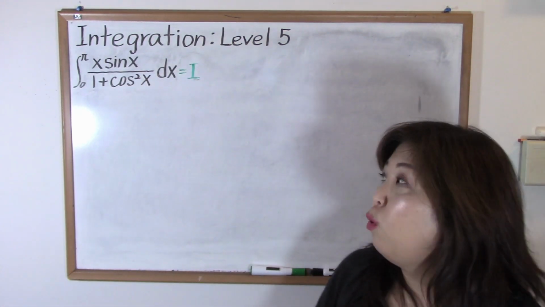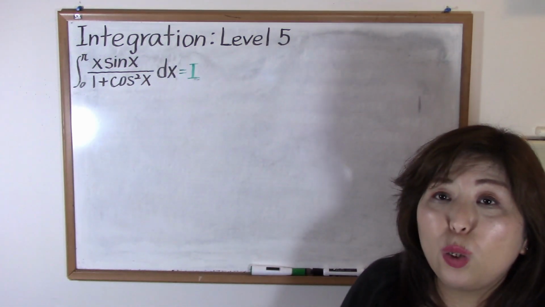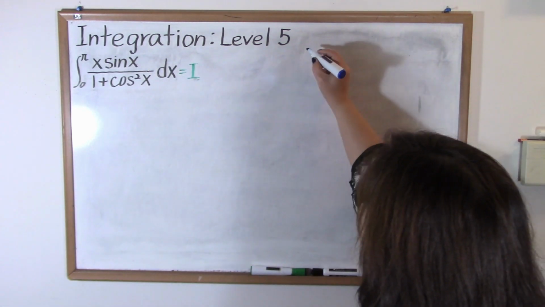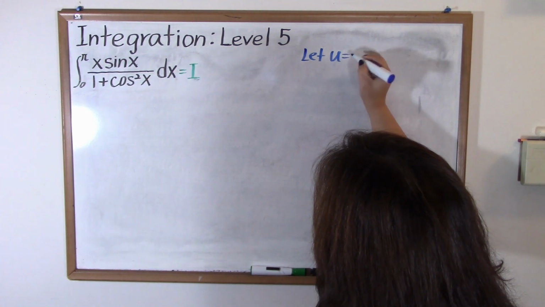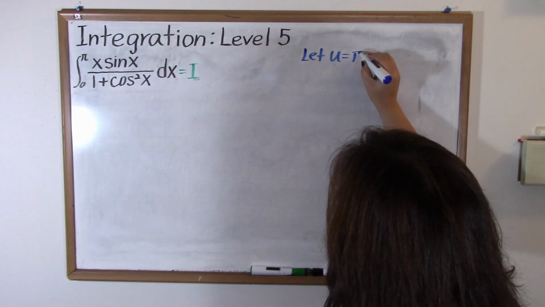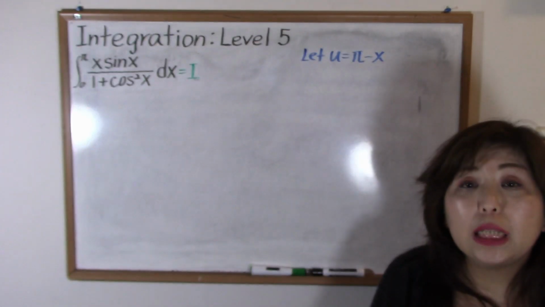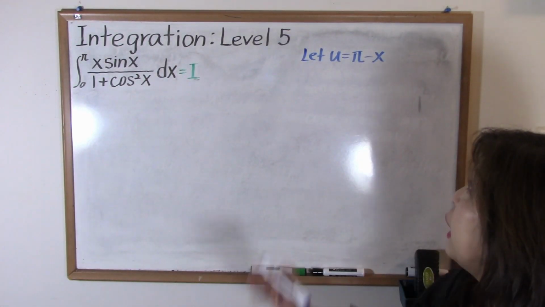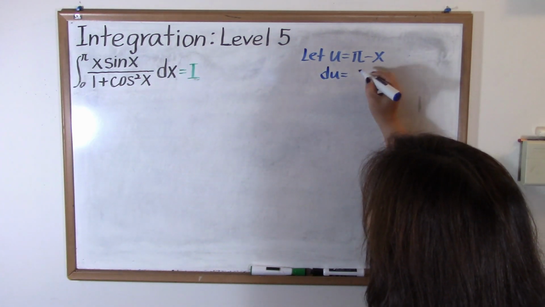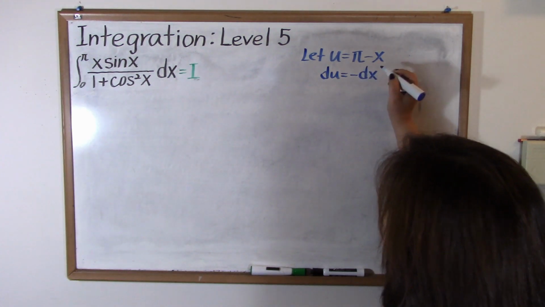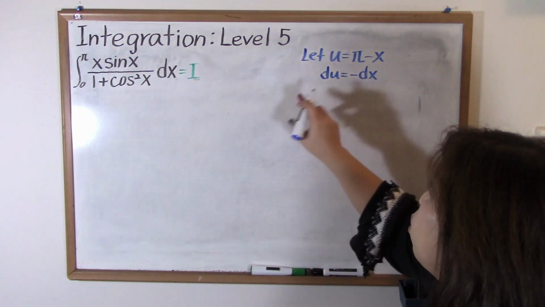And next step, we want to simplify this complicated product by using U substitution. So let's do, let U is equal to pi minus x. This is the point, okay? So we're going to take derivative of this, du is equal to minus dx. And then next, we're going to change sine of x with respect to u.